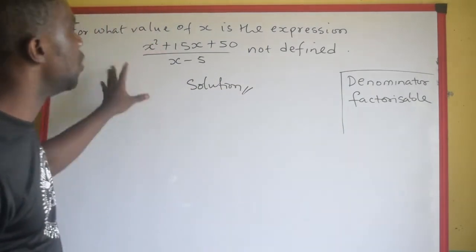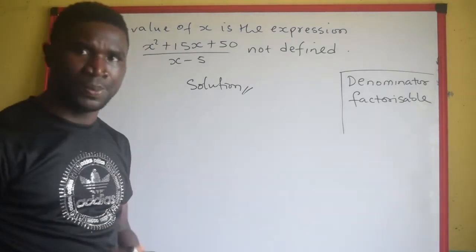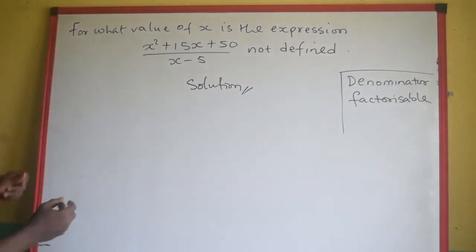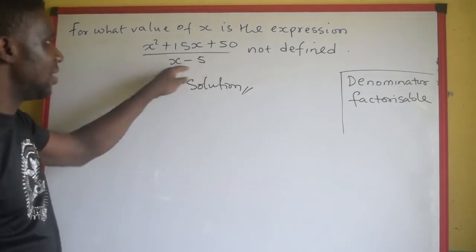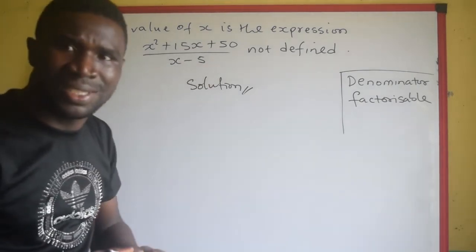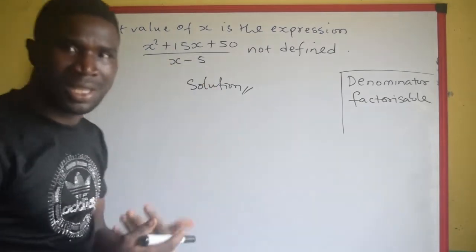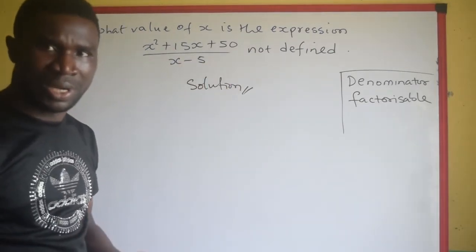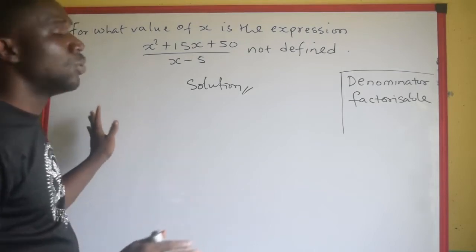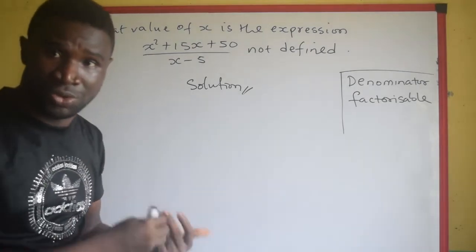Now, going with respect to the question on the board, if you look at this, our interest now is this. Since this is the denominator and this cannot be factorized, this is the lowest term that this expression can go. So we are good to go to use this.